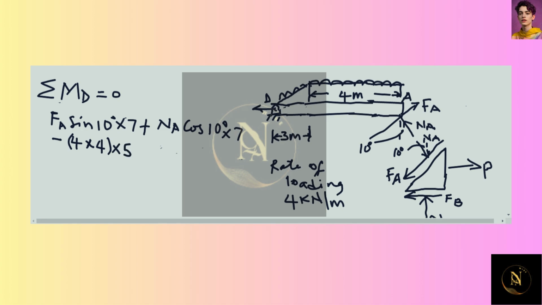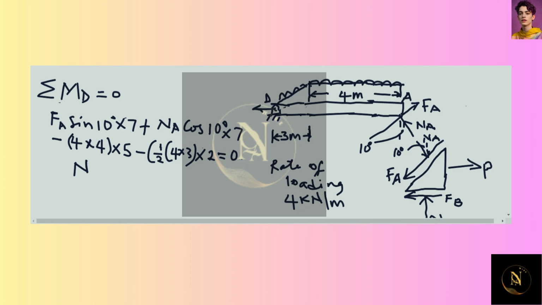For the other part to the left, it is half times 4 times 3, and we take the third down to D from where the 4 meters ends, so we multiply by 2, equal to 0. When you solve this, you are going to have your Na.